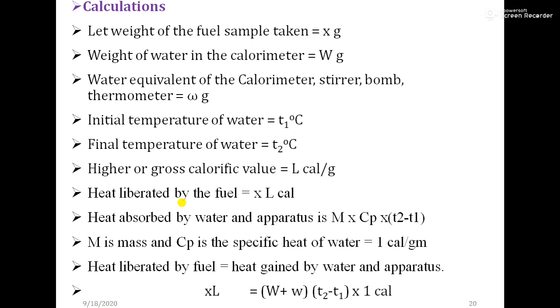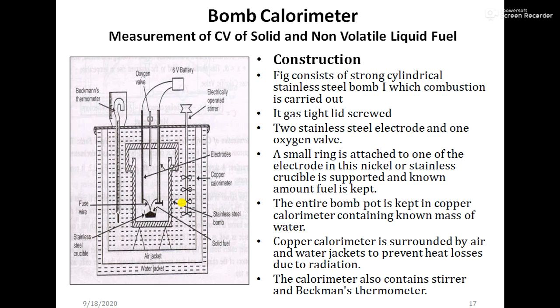Higher calorific value or gross calorific value, the symbol is L, calorie per gram, and the heat liberated by the fuel is XL calorie. The heat absorbed by water and apparatus is M into Cp into T2 minus T1, where M is mass and Cp is the specific heat of water, that is 1 calorie per gram. So we have a relation: the heat liberated by the fuel is equal to the heat absorbed by the water and apparatus.